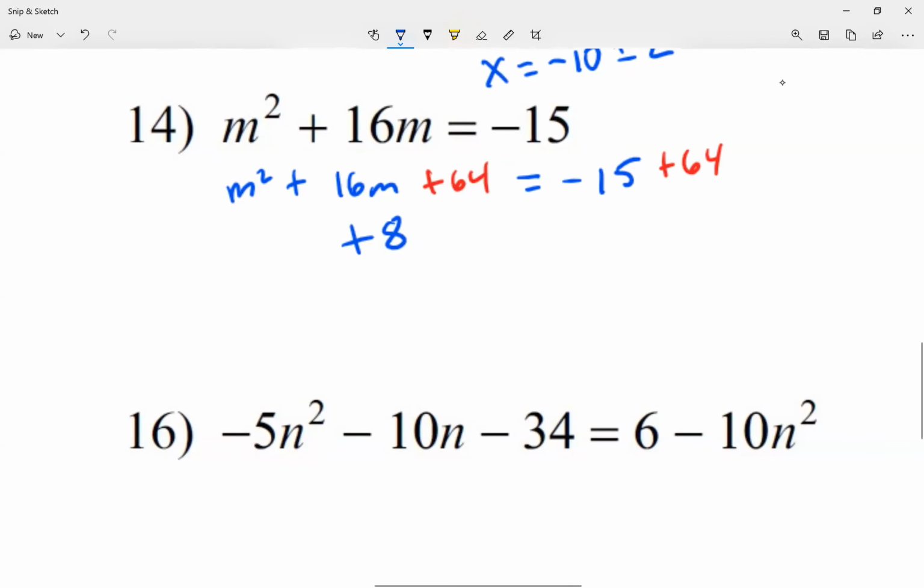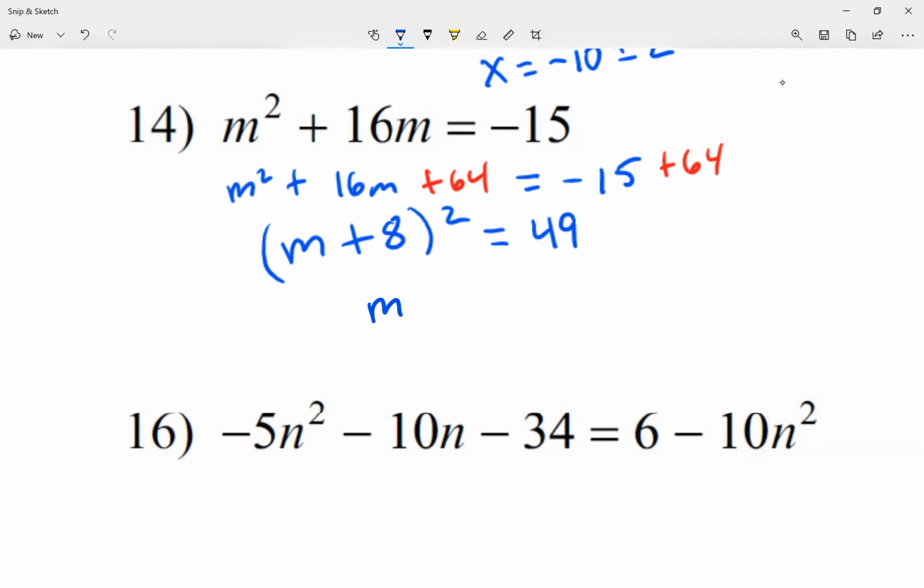As long as I add it to both sides, I'm not changing any values. The left side, if I was to factor it, gives me m plus 8 all squared equals -15 plus 64 is 49. Let me undo the squared.